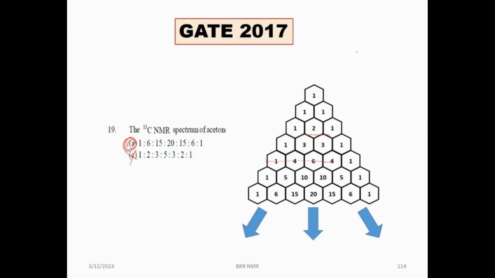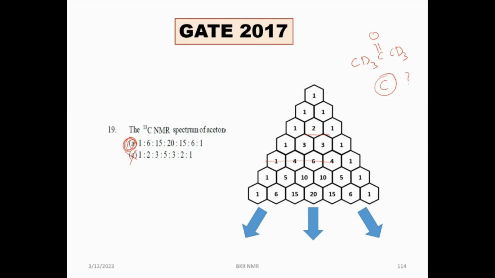Now my question is, they are saying acetone D6. They have said that acetone D6 gives a septet. Suppose they ask what is the multiplicity of carbon in acetone D6, how will you calculate?